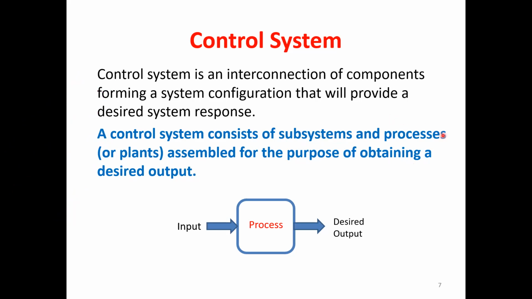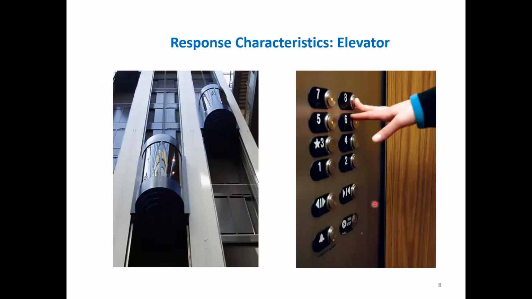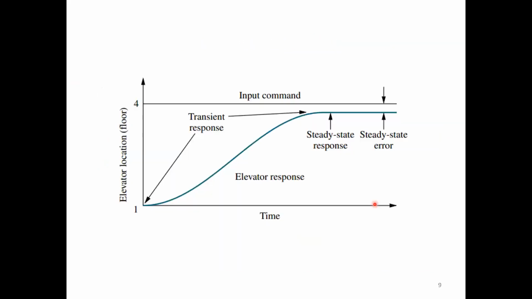Okay, let's move on. Now see the elevator response characteristics here. Whenever you push the button, the elevator will lift and go to that place. Now see, here is the interesting thing. Elevator location 4.